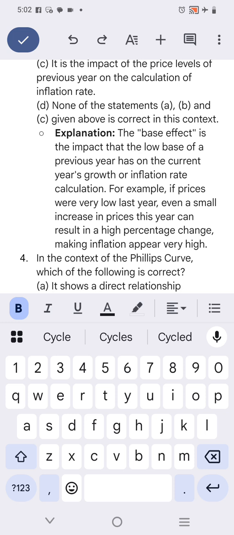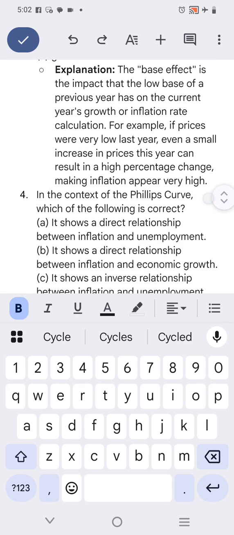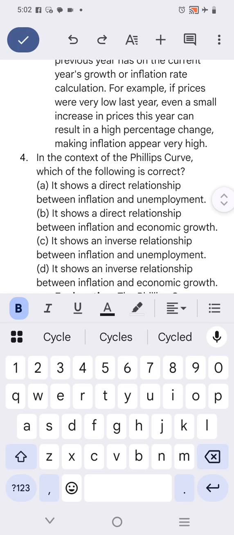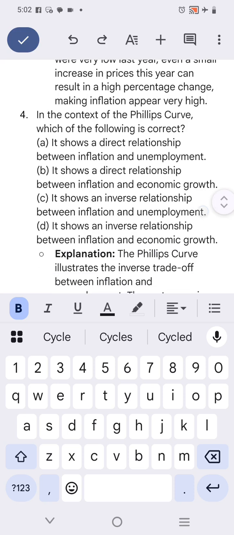Absolutely correct. In the context of the Phillips curve, which of the following is correct? We have already seen the Phillips curve. There is an inverse relationship, not a direct one. C shows the inverse relationship between inflation and unemployment, which is correct.